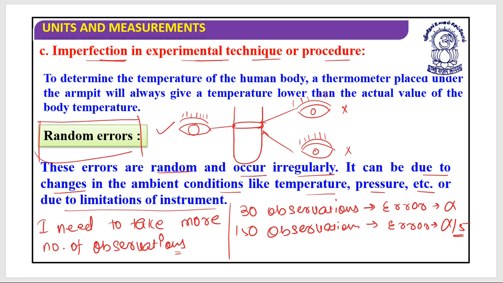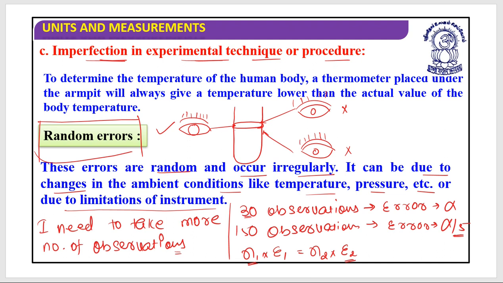Got it? So you can make a relation that is n1 multiplied by error 1, this is observation, is equal to n2 multiplied by error number 2, the next error. Can you get it? Is it clear? Yes.